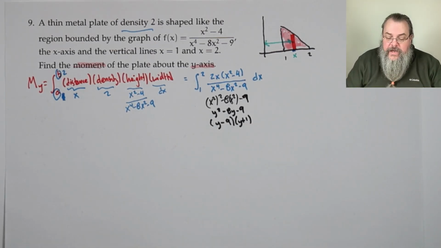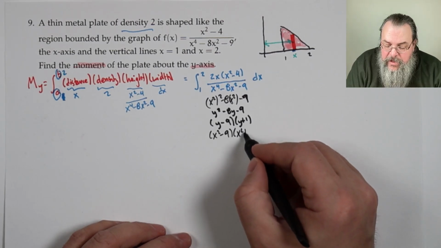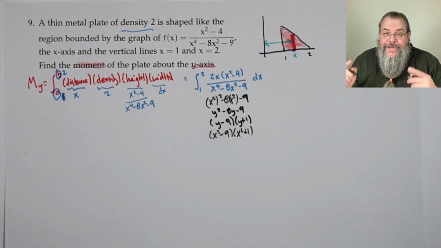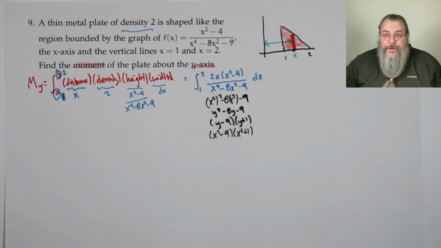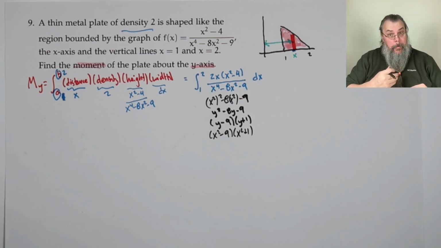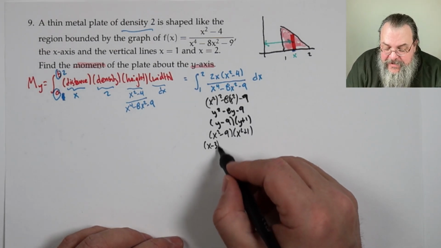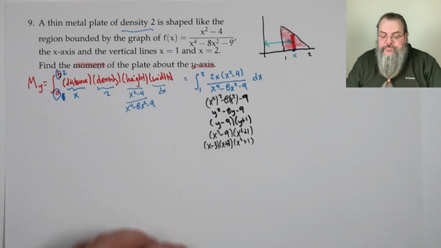And now go back to x. So this is really x squared minus 9, x squared plus 1. And we like progress, but we can go further. X squared plus 1 can't go further without making it complex. But x squared minus 9, we can do stuff there. X minus 3, x plus 3, x squared plus 1.